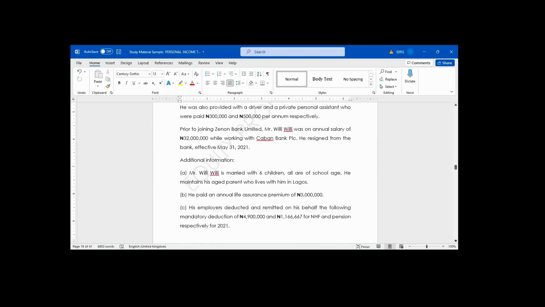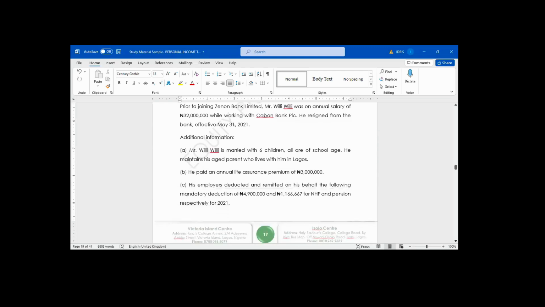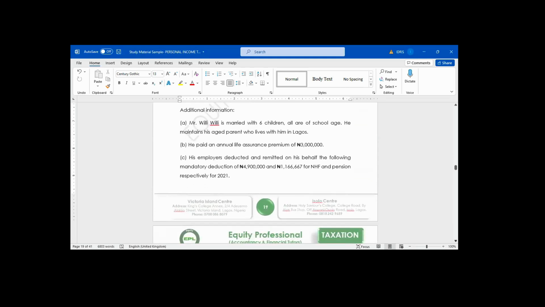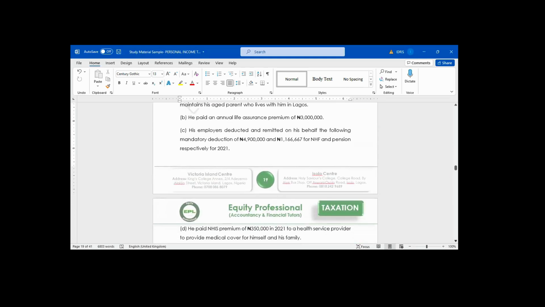Mr. Willie is married with 6 children. All are of school age. He maintained an aged parent who lives with him in Lagos. He paid an annual life insurance premium of 3 million naira. His employer deducted and remitted on his behalf the following mandatory deductions: 4.9 million naira and 1,166.67 for NHF and pension contribution, respectively.